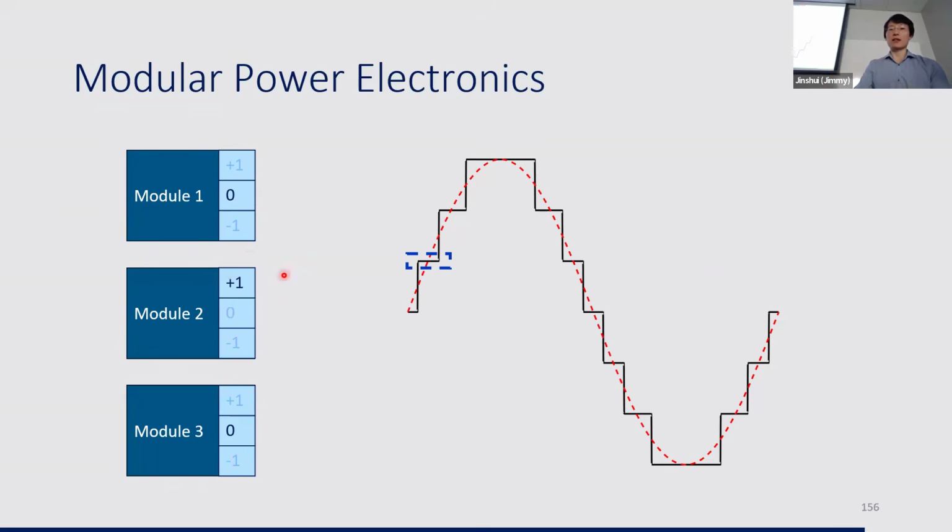And we get the same result here if module 2 is +1. And same here, if we get different numbers, but their sum is 1. So several other states, like this one, all point to the same output voltage. And this redundancy, that different output states point to the same voltage, is why we have only 7 output levels instead of 27.